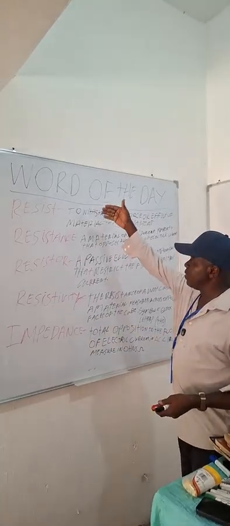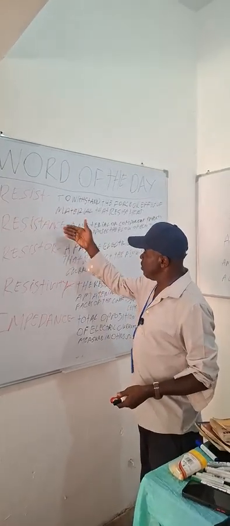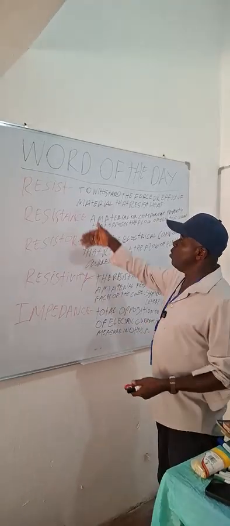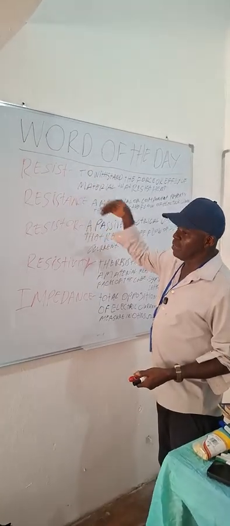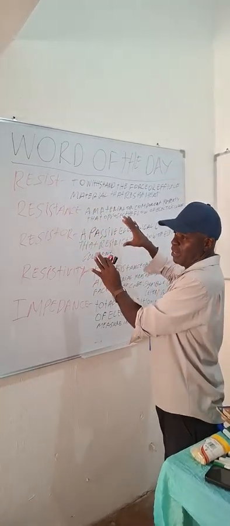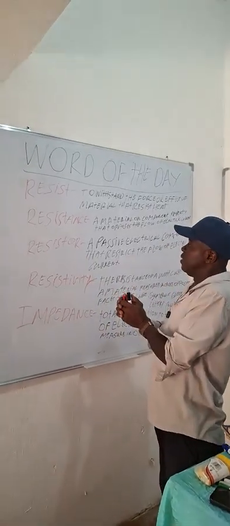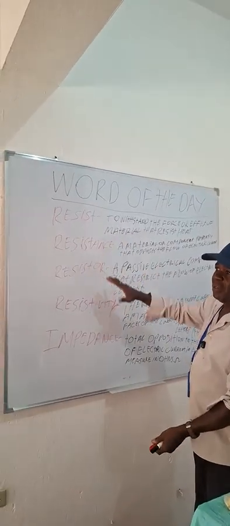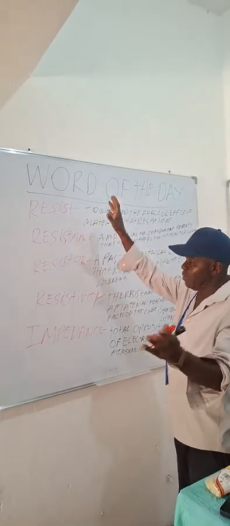That's why I break it down here: what is resist, what is resistance, resistor, resistivity, impedance. I know these words from other contexts, from my reading, so it comes easy to me when I'm going through the electrical aspect, because I was familiar with these words from the beginning.